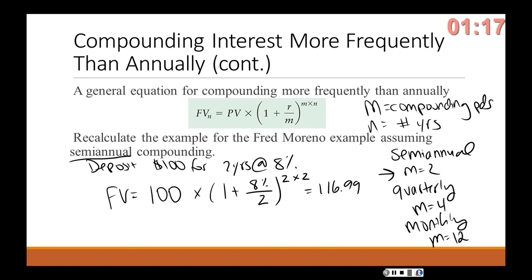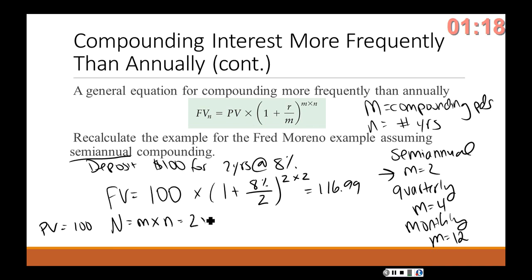So we can do this in our calculator as well, but there are some modifications that you need to make. If you were to put this in your calculator, the present value would be the $100. N, the number of periods, would be equal to m times n. So the number of compounding periods times the number of years.